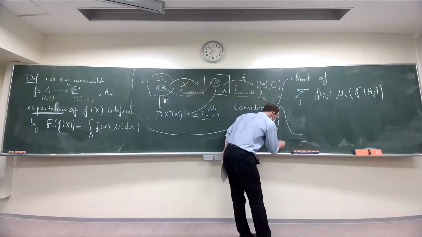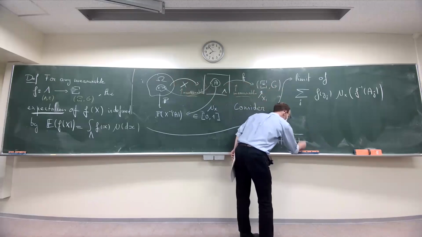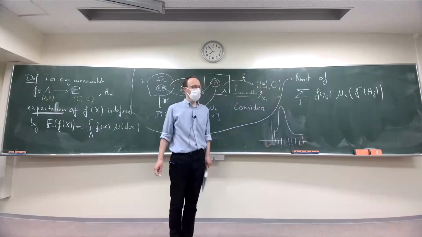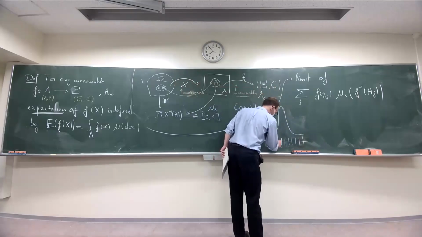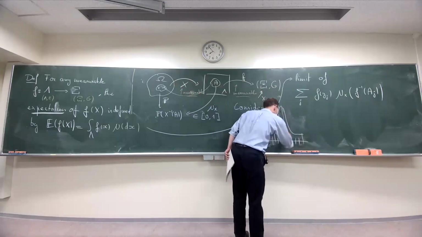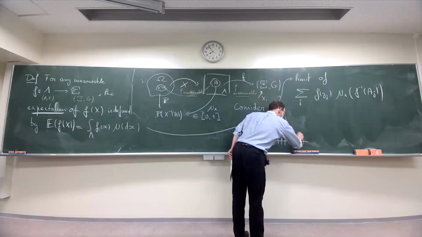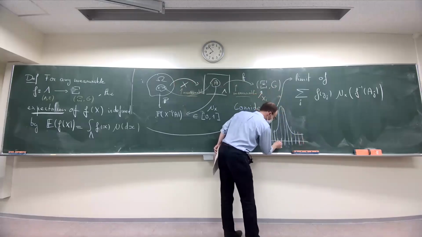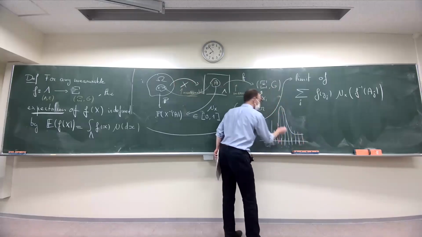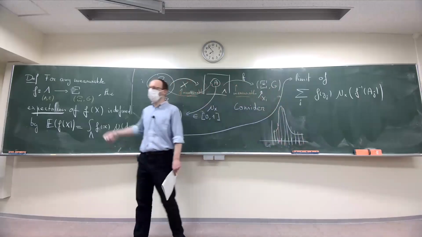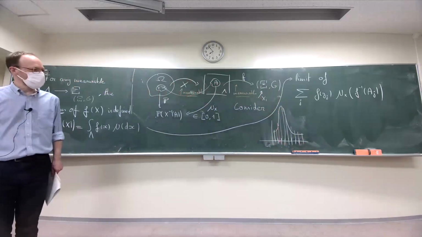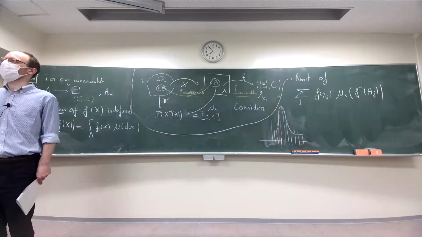When you do a Riemann integral, usually you subdivide this interval and you take a point, you compute your function at this point, and so on. I don't want to repeat everything, but this is a typical picture for a Riemann integral.